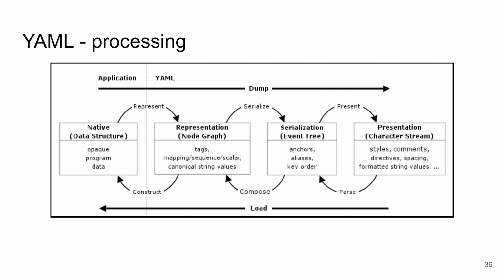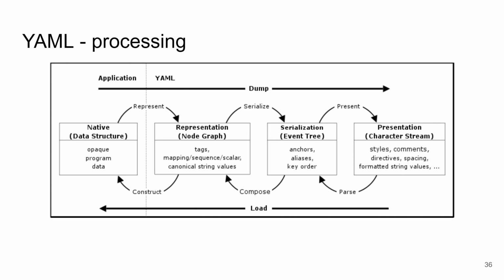Now the YAML specification also says how a YAML file should be processed, and specifies that in both directions. There are some steps, and if we go from the right to the left, which means from the actual YAML document, the document is first, as a character stream, parsed into an event tree, where, for instance, you can see that there is an anchor and alias and so on.